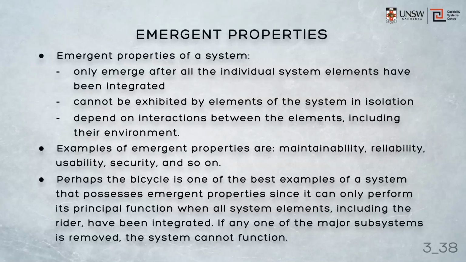And so that property of the system, which is really what we would call a bicycle, is an emergent property. It doesn't exist until all of the elements of the system are together, including the operator, and that all of those systems are interacting with their environment, with gravity and so on, and the wind, until we can see the actual properties of the system.